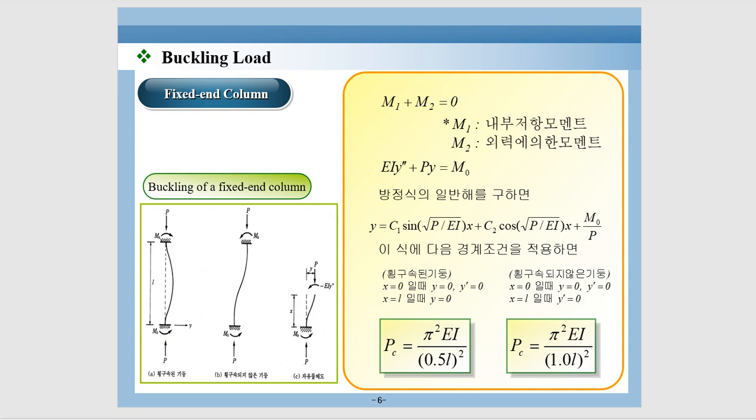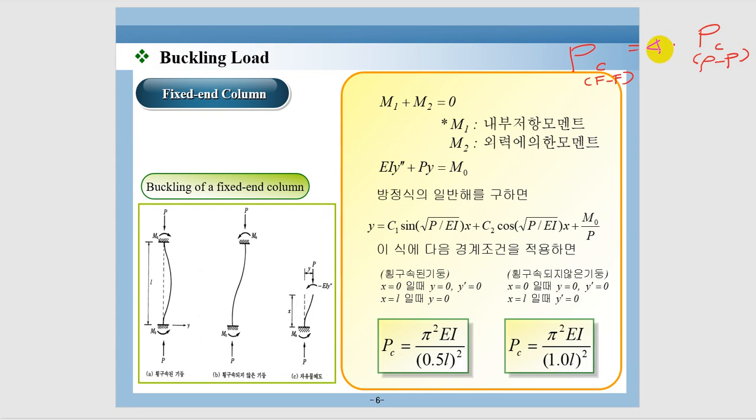So I will say here the Euler load for fixed is 4 times the Euler load for pin, which means that you need to go 4 times from the Euler load with the pin to get the Euler load for fixed.